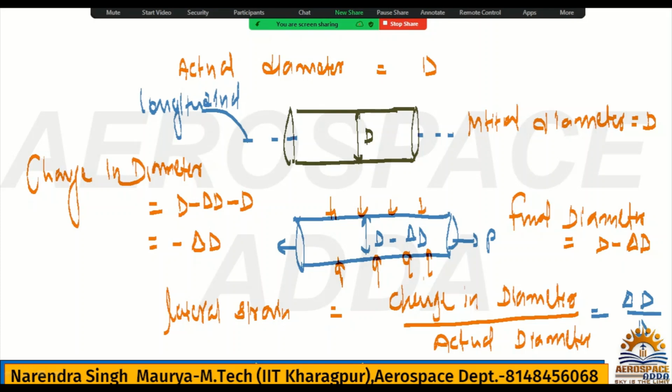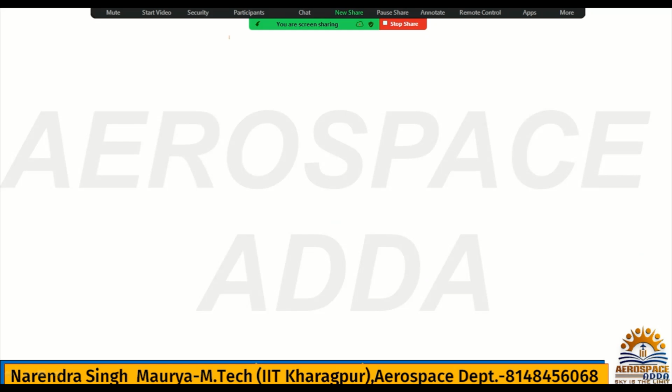So in the transverse or lateral direction, the change in diameter divided by the original diameter is called lateral strain. I hope you understood this. At the same time, we'll talk about the Poisson ratio also. Now the same point I can discuss is the Poisson ratio.